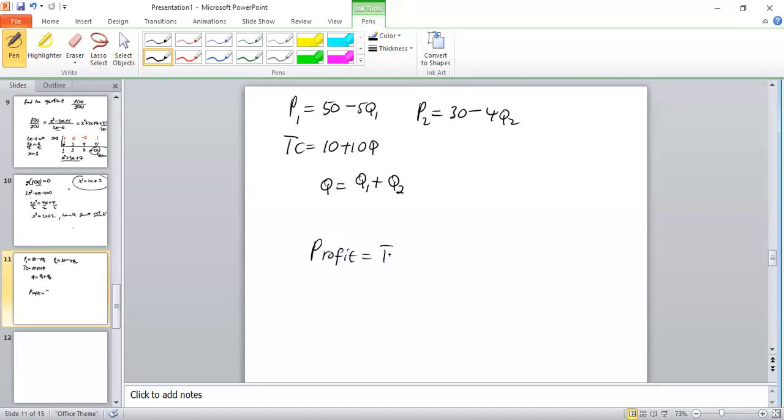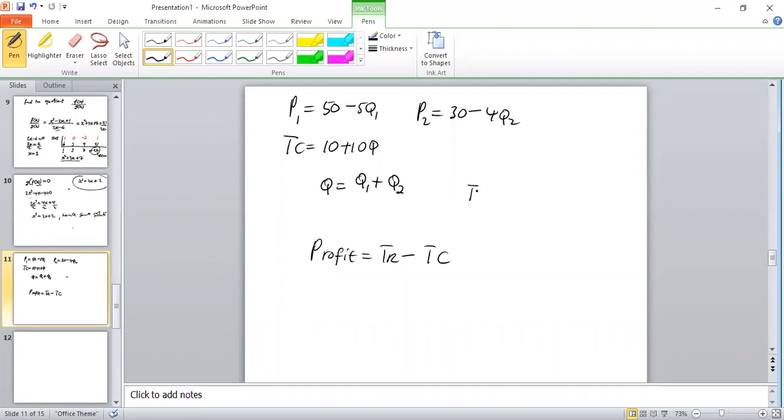Profit is total revenue minus total cost. So what it means is we need to find the total revenue.